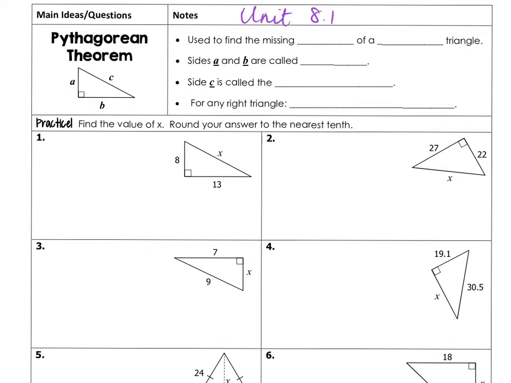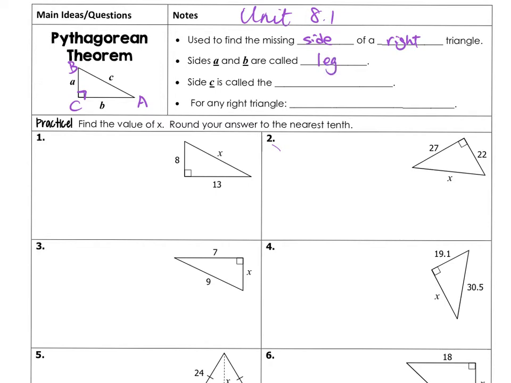On the left hand side we have a right triangle ABC. We use Pythagorean theorem to find the missing side of a right triangle. So it only applies to right triangles. And side A and B are called legs.